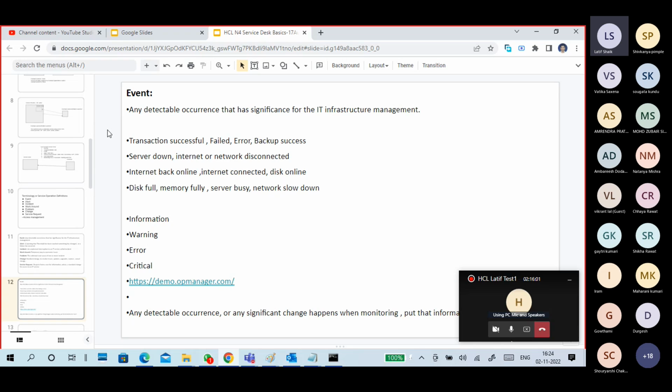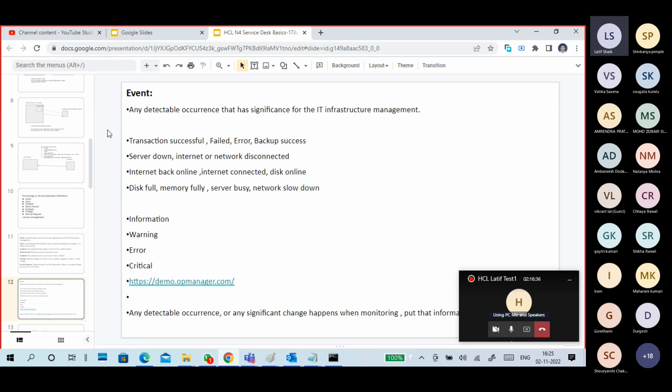Say you have a scheduled backup at 10 o'clock at night. The backup has to run at 10 o'clock. The backup ran successfully, so the backup is done successfully. It is an event. The backup process is going on and it failed. That is also an event. The backup device is full. That is also an event.